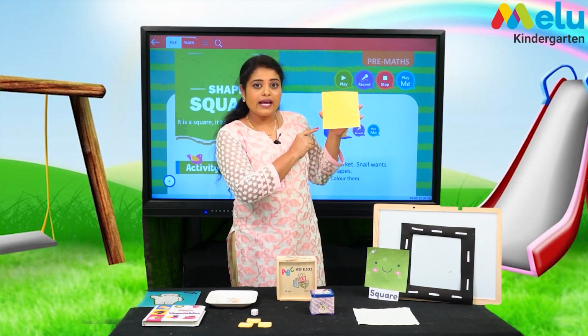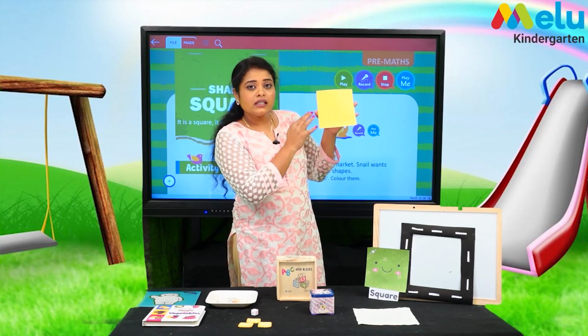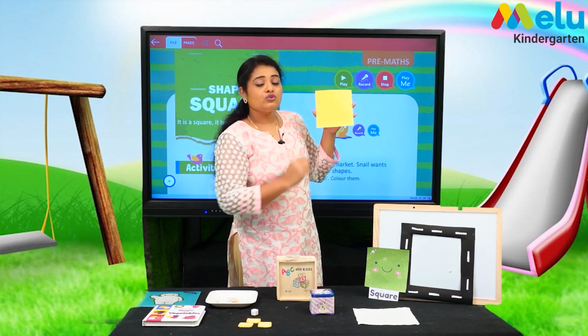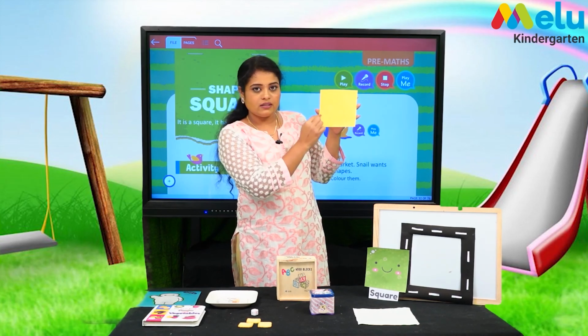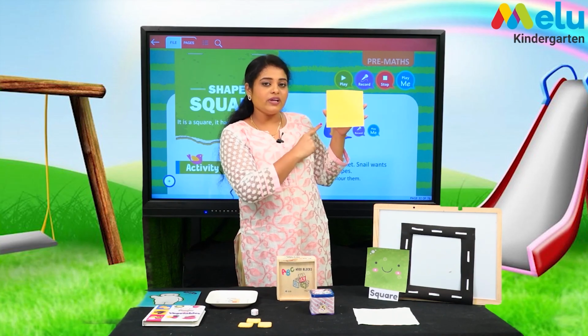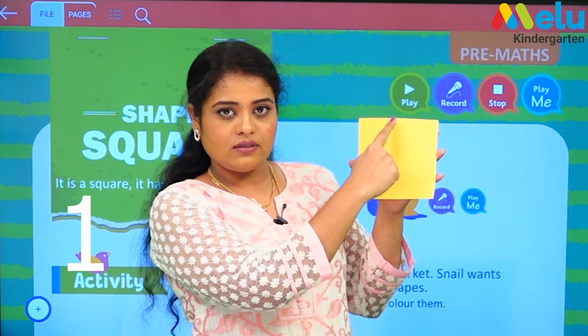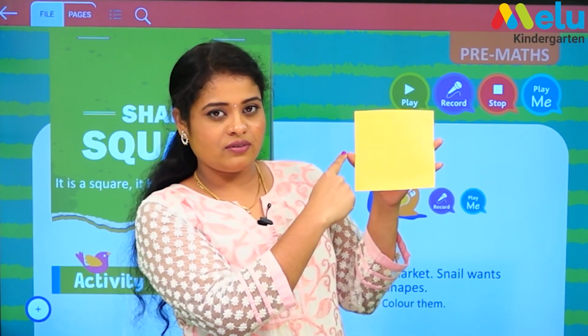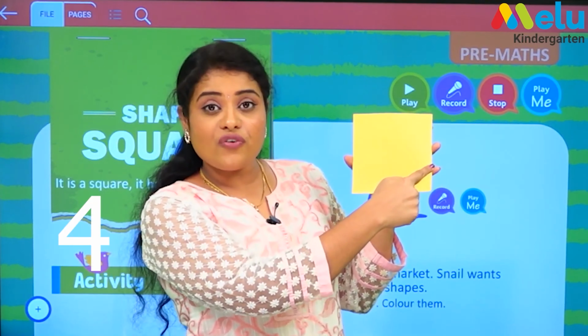A square has 4 sides. What are these? Sides. Yes, children. So, a square has 4 sides. Let's count how many sides are there in a square. 1, 2, 3, 4.